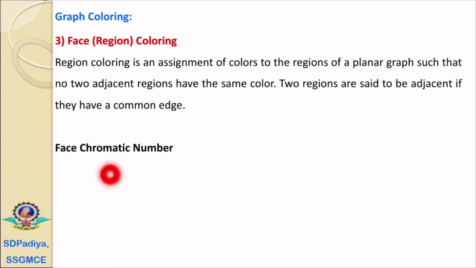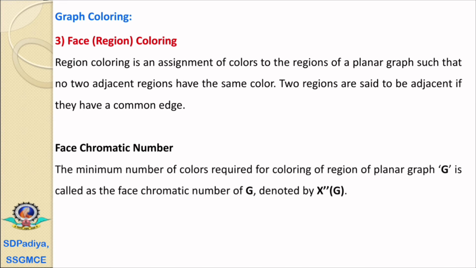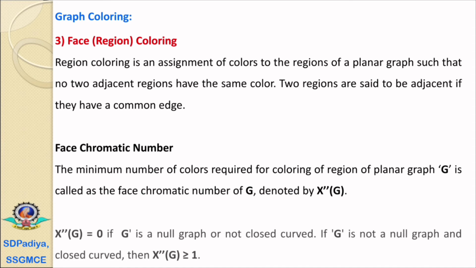The chromatic number of face coloring is called the face chromatic number, and it is denoted by X double dash of G. The minimum number of colors required for coloring the regions of a planar graph G is called the face chromatic number of G, and it is denoted by X double dash of G. If we have a null graph or a graph that is not a closed curve, then the chromatic number is equal to 0, because there is no plane.